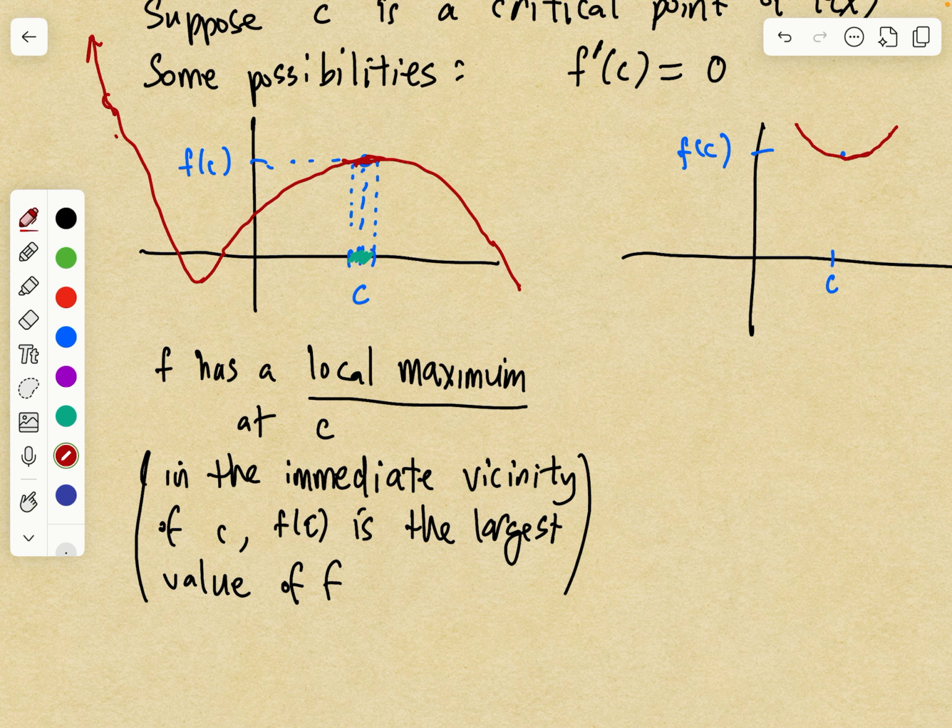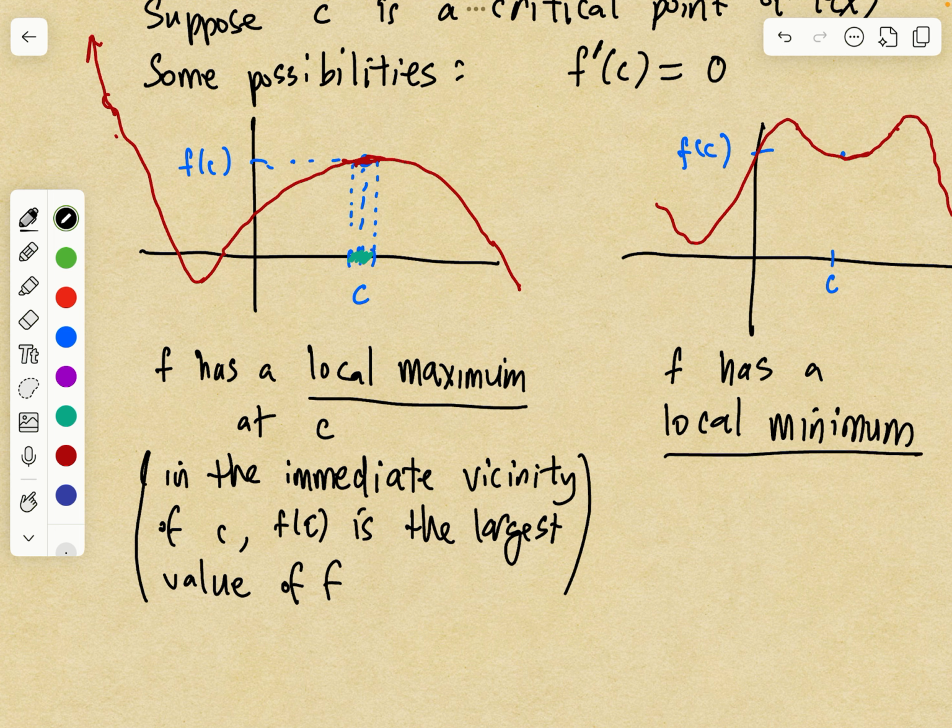And again, this might not be an absolute minimum, because there could be situations where the function gets below f of c. So in this case, f has a local minimum at c.